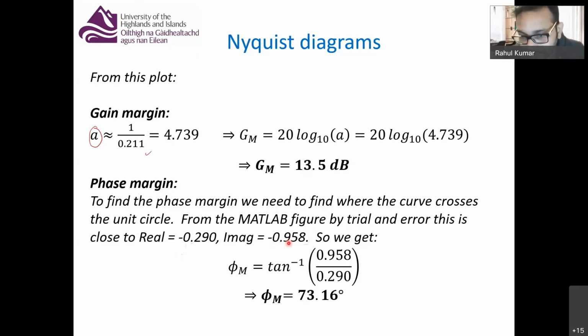To calculate this phase angle, we take tan inverse of the imaginary part divided by the real part. So the imaginary part is 0.9596 divided by 0.29. We end up getting 73.16 degrees. So this is the gain margin and the phase margin.